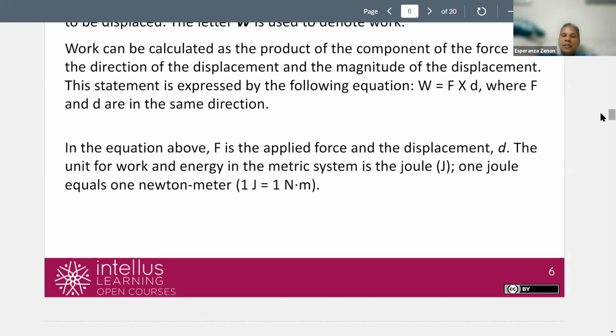When I multiply them together, I get a Newton meter that is equivalent to a joule. So 1 joule is equal to 1 Newton meter, okay? So when I take a Newton and multiply times a meter, I get a joule. Okay, so it's important that you know that so that you use the units correctly. And we'll take a look at a couple of examples in problem solving where that becomes important.